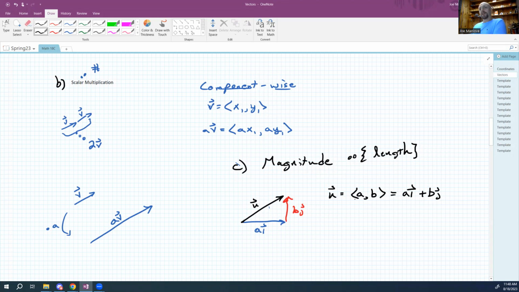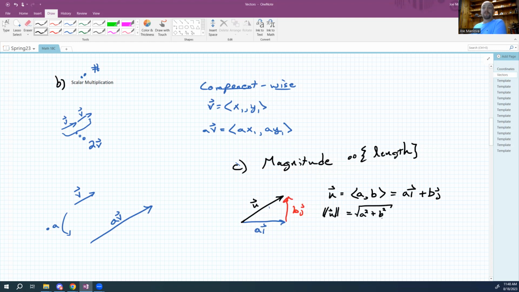So I've got my vector u. It's written these ways. I want to talk about the magnitude of u, right? So I'm slapping double absolute value bars on this. That means the magnitude of u. Some books will only use one. That's fine. It's not going to hurt it. The way I calculate that magnitude is I take a and square it, I take b and square it, and then I square root the whole mess.